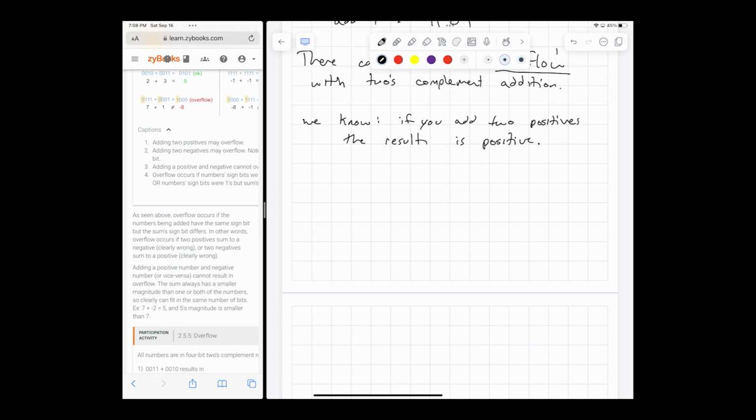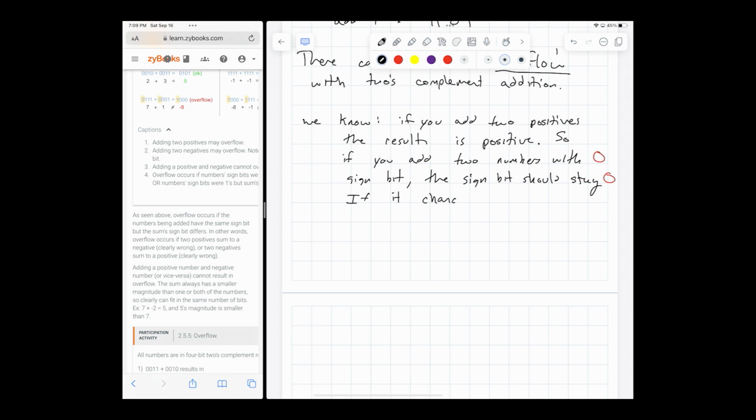If you write that in terms of binary arithmetic, what that means is if you add two numbers with zero sign bit, the sign bit should still be zero. If it doesn't, then there was overflow.